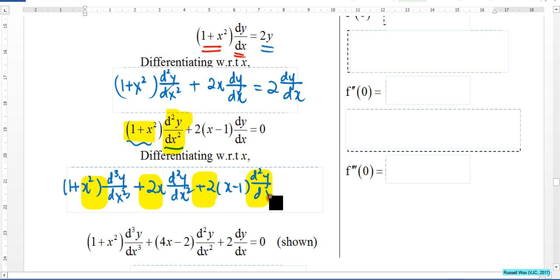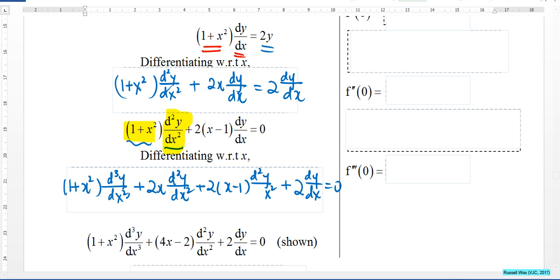And then differentiate this, you get 2. Alright, you get those 4 terms.